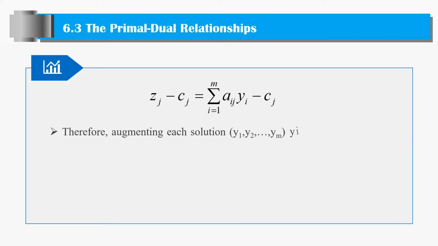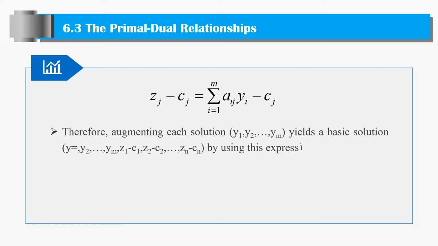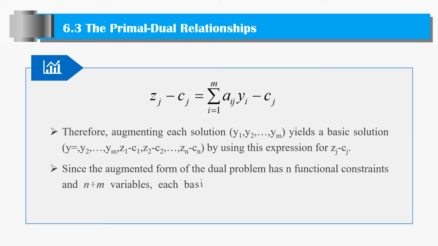Therefore, augmenting each solution yields a basic solution, while we still have the variables y1 through ym with surpluses z1 minus c1, z2 minus c2, up to zn minus cn. Since the augmented form of the dual problem has n functional constraints and n plus m variables, each basic solution has n basic variables and m non-basic variables.